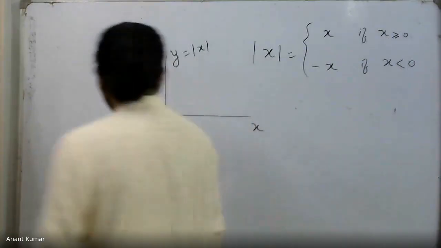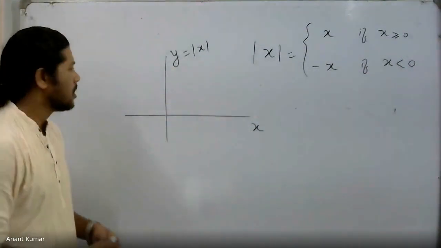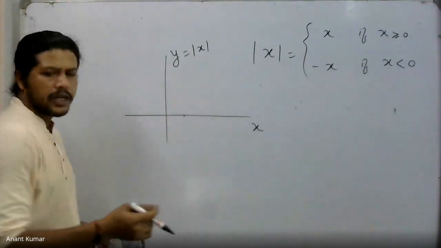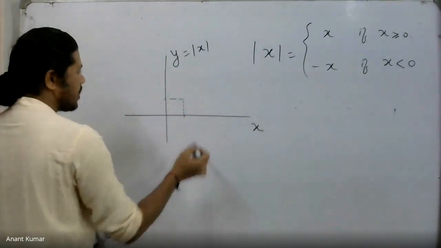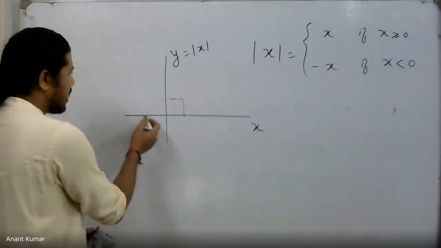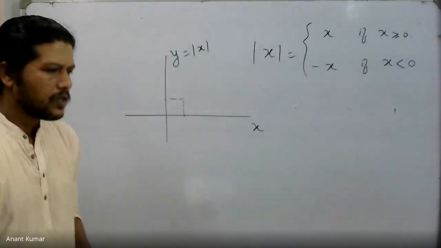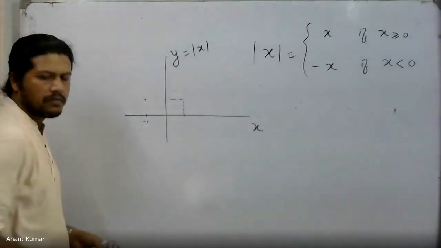If I take x equal to 0, I get y equal to mod 0, which is 0 itself. If I take x equal to 1, I get mod x also as 1. If I take x equal to root 2, I have mod x also root 2. On the negative side, if I put x equal to minus 1, I get a plus 1 over there, so for this minus 1, I end up getting a point over here, plus 1.